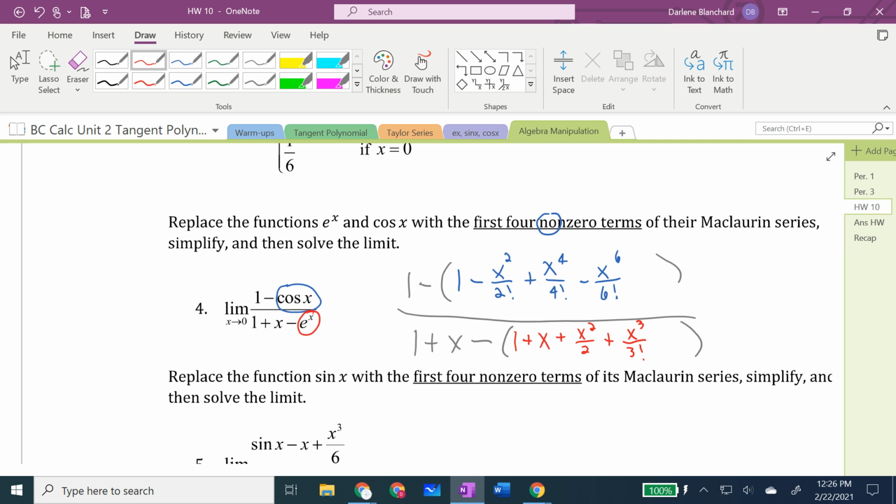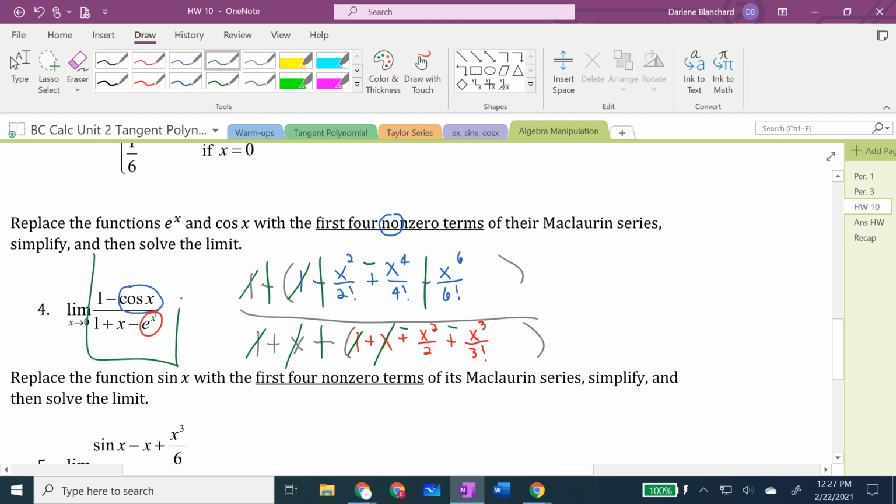Then, amazingly and brilliantly, we get some cancellations going. We get 1 minus 1, but be careful and distribute that negative sign through. I'm overemphasizing those pluses so I don't screw up. And then 1 minus 1, x minus x, and then make sure you distribute the negative sign through.